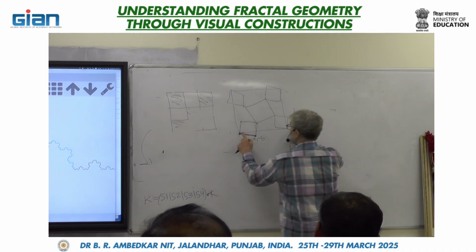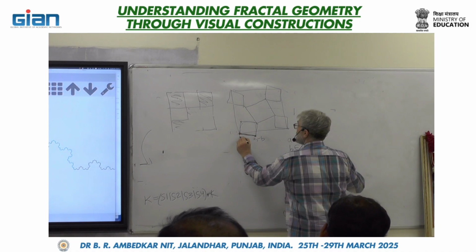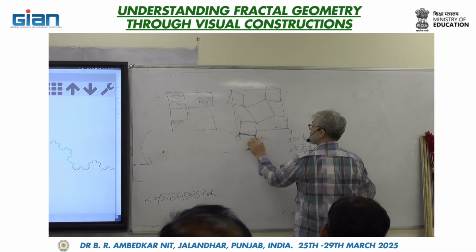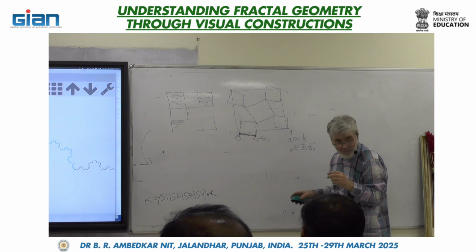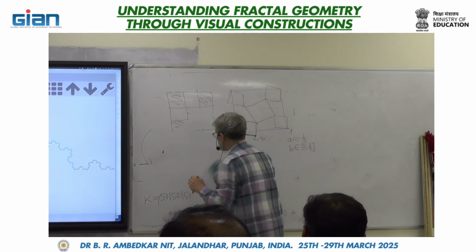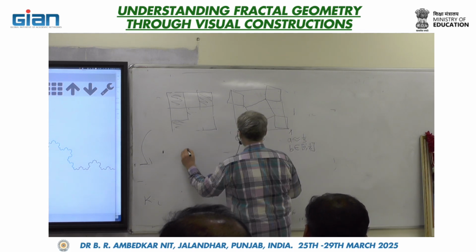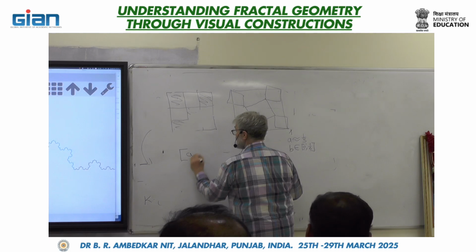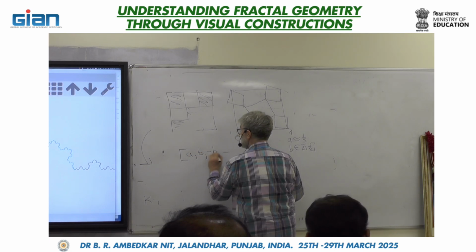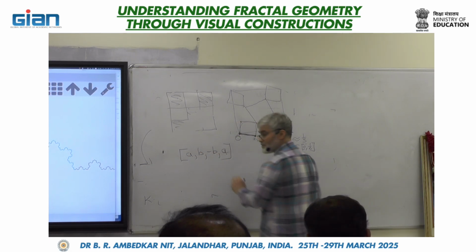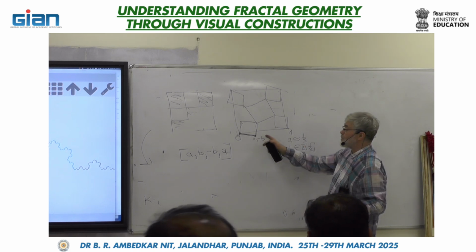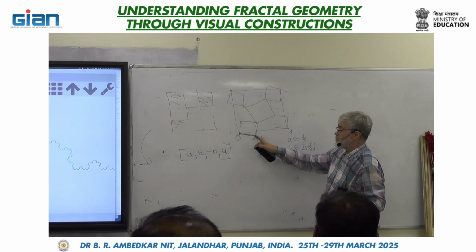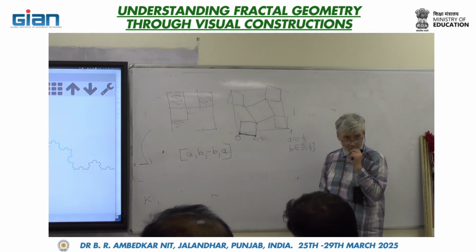If this is the unit interval, this map sends the unit interval to A minus B. So this map can be written in the form A, B, minus B, A. Right? This map is defined by the matrix A, minus B, B, A.